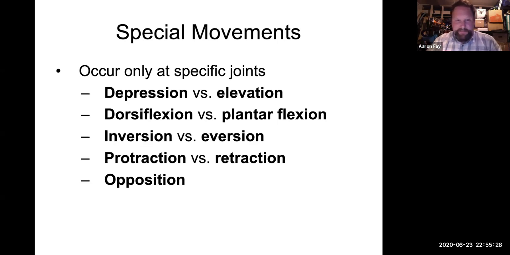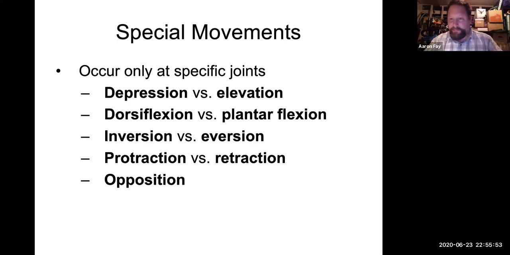I'll explain when we see the picture. Inversion and eversion, also special movements of the foot. Protraction and retraction. If I were to protract my scapula, I might appear to be a little bit lacking in confidence. However, if I retract my scapula, I might look more presentable, if that's possible.